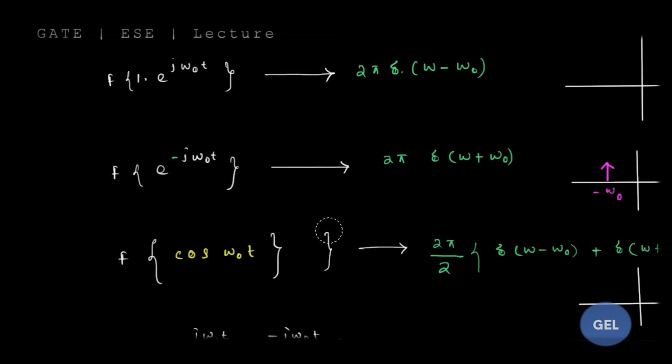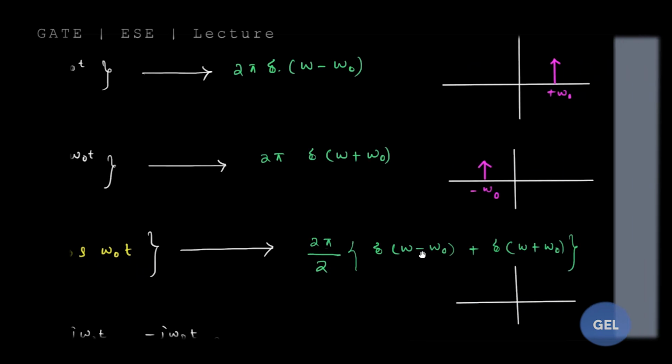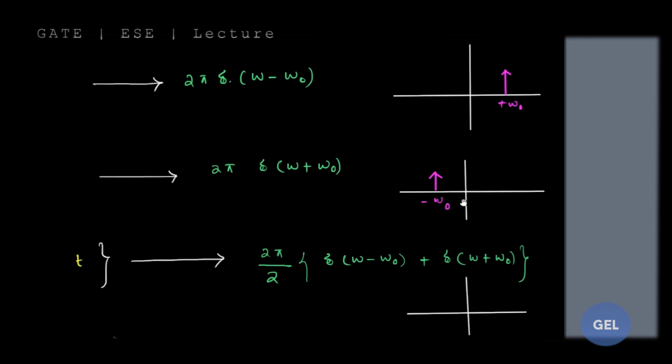Now what will be the Fourier transform of cos omega naught t? Now you can understand: 2 pi by 2, del of omega minus omega naught plus del of omega plus omega naught. That means these two graphs will be added with each other.